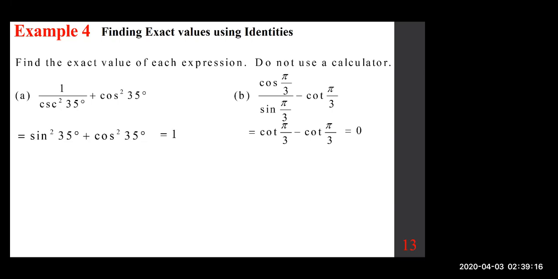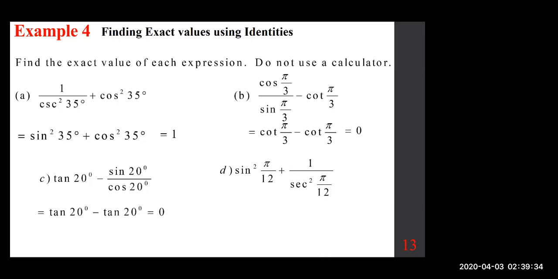Okay. How about this one? Tangent 20 minus tangent 20, which is 0. Very good. What about the last one? Sine squared pi over 12 plus cosine squared pi over 12 equals 1.